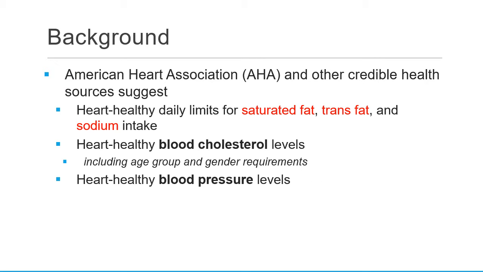The American Heart Association and other credible health sources provided recommendations on heart-healthy daily limits for saturated fats, trans fat, and sodium consumption. They also provided recommendations on heart-healthy blood cholesterol and blood pressure levels.